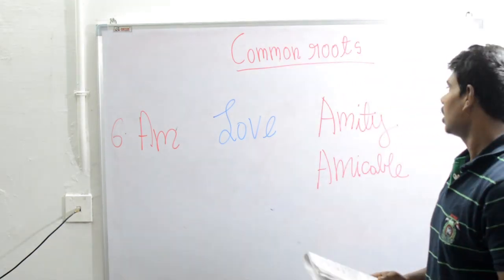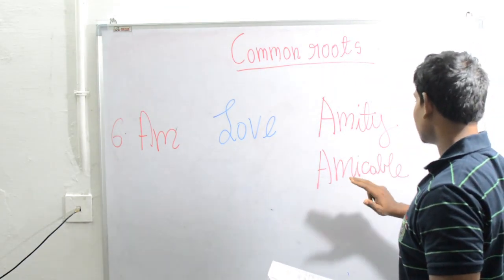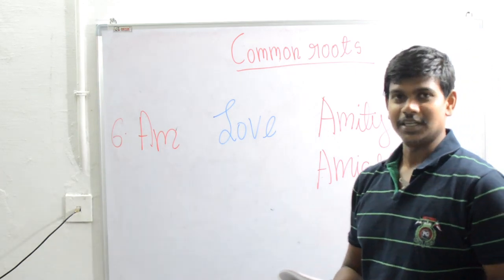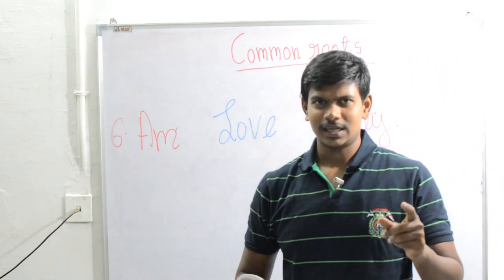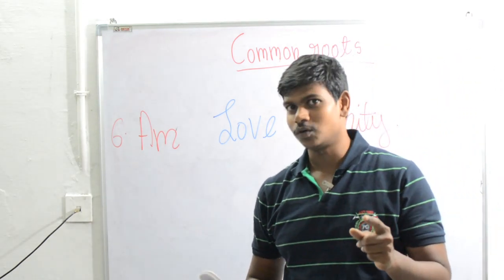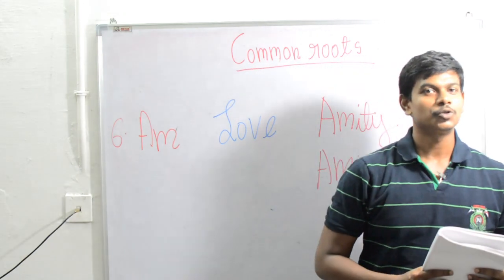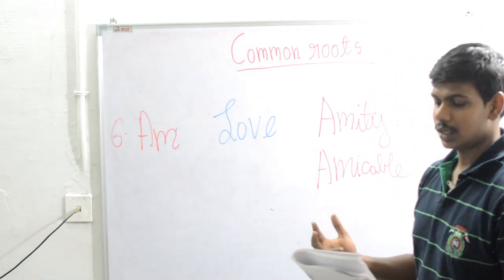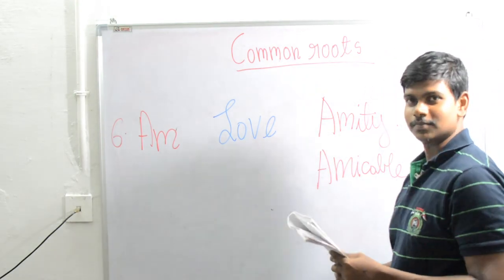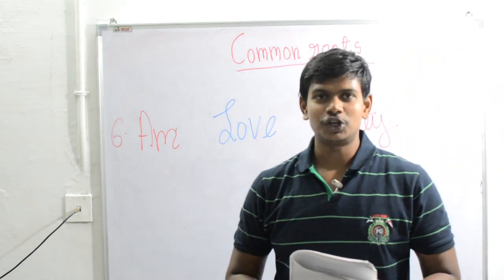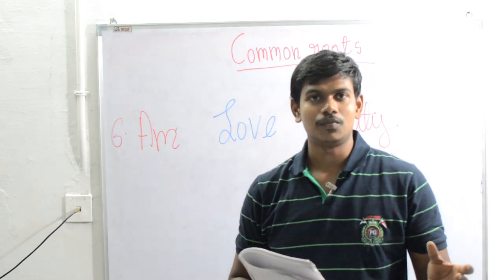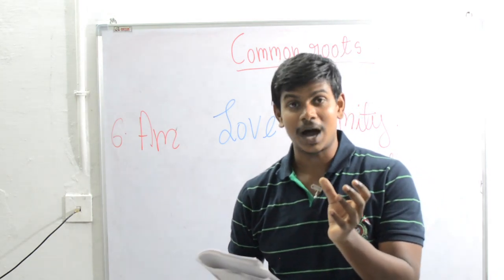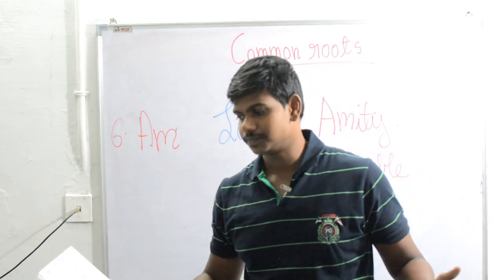So the examples are amity and amicable. Amity. I think some must have heard about Amity University. So amity means friendship. The second word is amicable. As I already told, am means love or friendship. So amicable means being friendly.